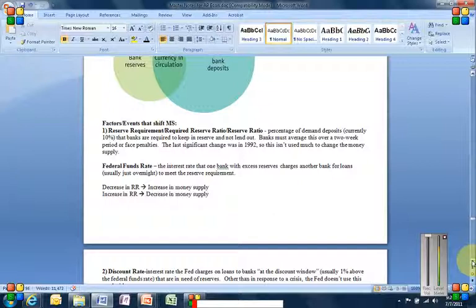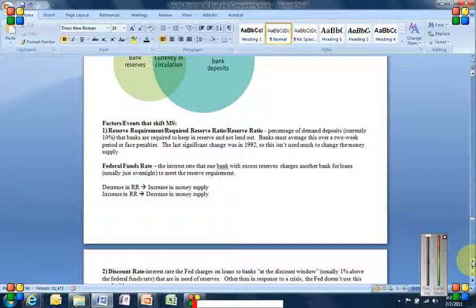Understand the definition of the federal funds rate here. The federal funds rate is the interest rate that one bank with excess reserves charges another bank for loans, usually just overnight loans, to meet that reserve requirement. As you can imagine, especially with large banks, there are thousands and thousands of transactions happening on a daily basis, so it's possible over the course of several days they might not meet the reserve requirement. And of course, they don't want to be caught breaking the law.